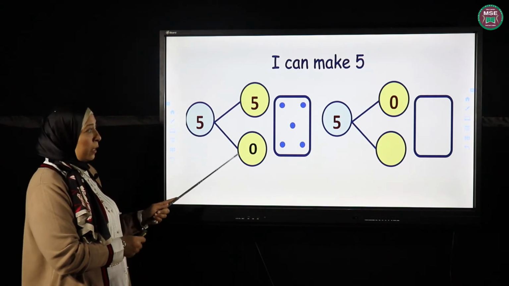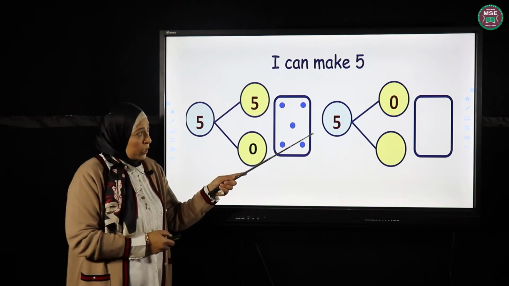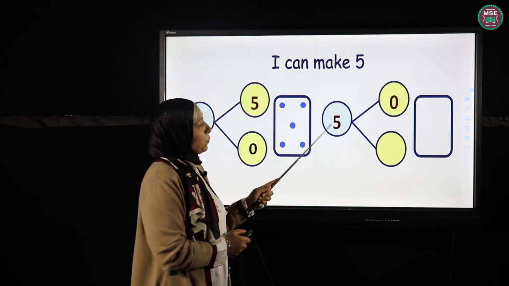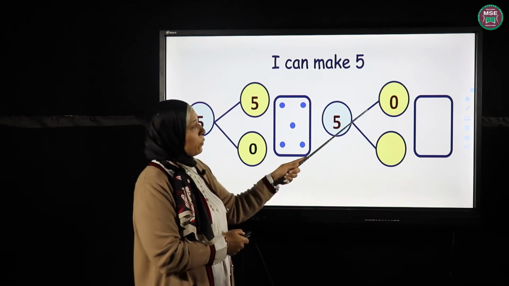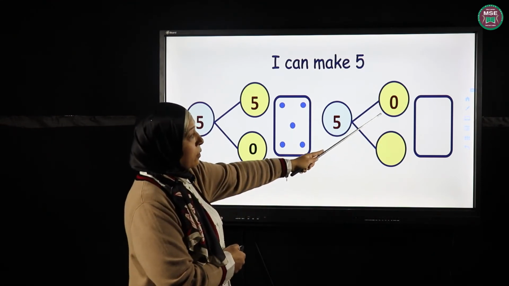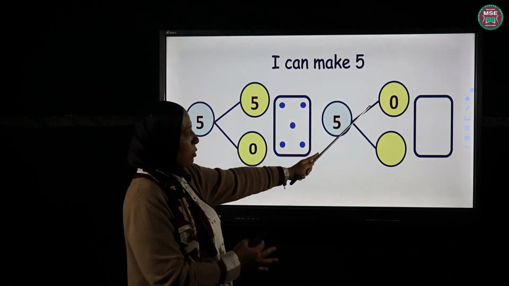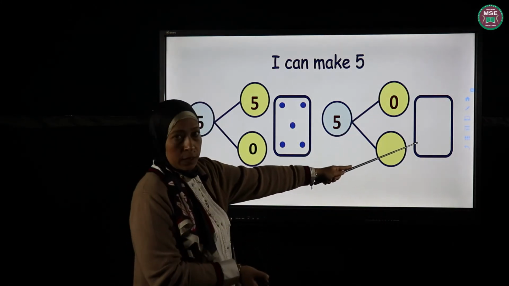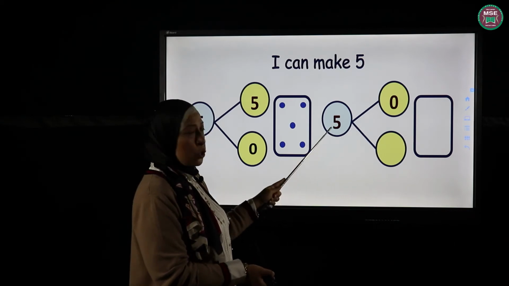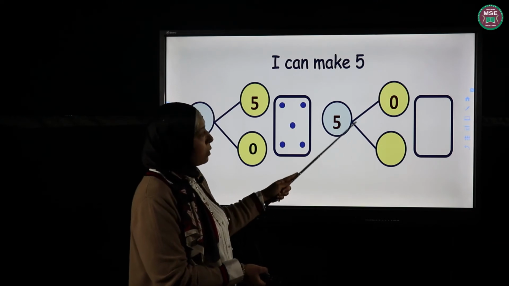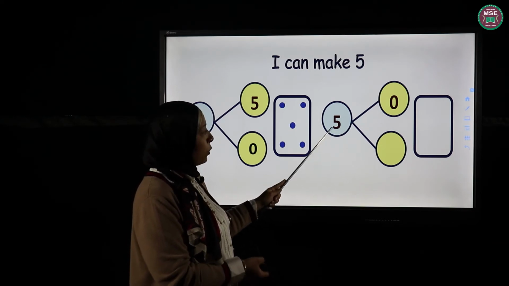Okay, 0 is nothing. Okay, look at the next one here. Also, I want to make a bond of 5. The whole number is 5. And in the first part, I have 0, right? 0 is nothing. This means I have no dots at all, right? Look at the card, it's empty. No dots at all. And I want to make number 5. So what shall I do? I should start drawing the dots and counting to make number 5.